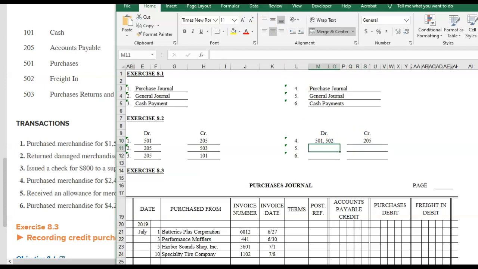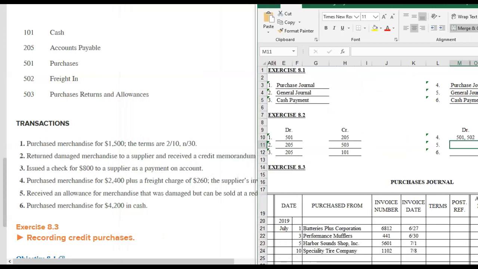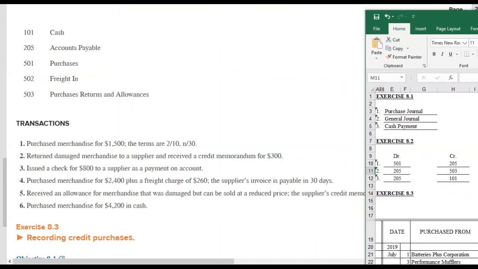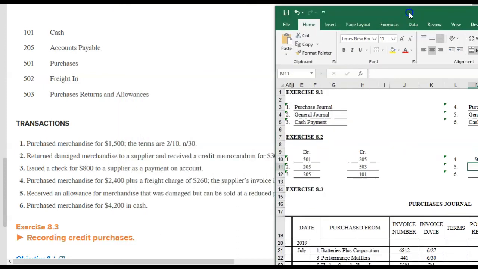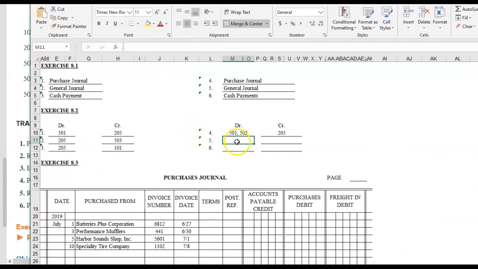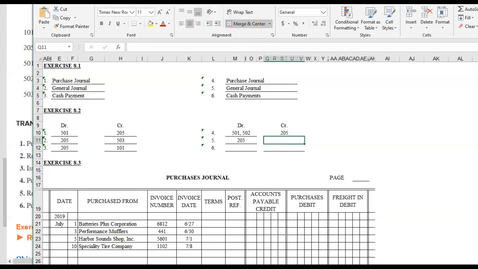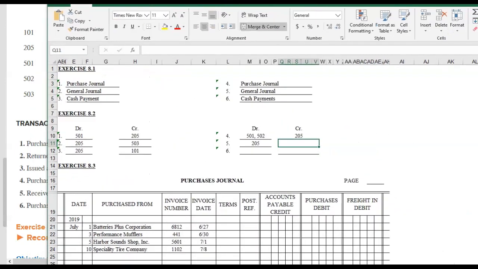Number 5, received an allowance for merchandise that was damaged but can be sold at a reduced price later. Credit memo for $400. Again, it's just a credit memo. That means less you owe on the liability, which is 205, accounts payable. And then the purchase return and allowance account, which is always a credit, and that is 503.